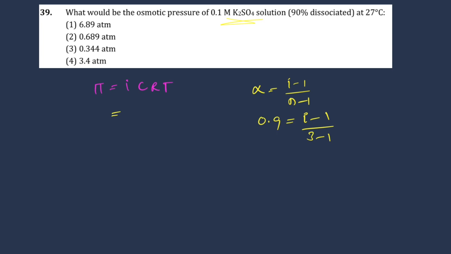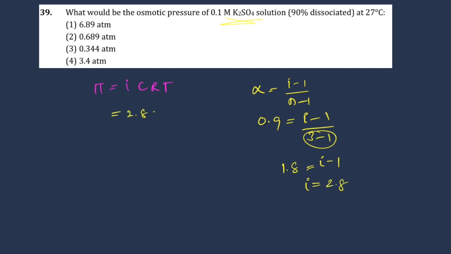Then 3 minus 1 is 2, so 0.9 into 2 is 1.8. Therefore 1.8 is equal to i minus 1. Bringing 1 to the left side, i is 1 plus 1.8, that is 2.8.